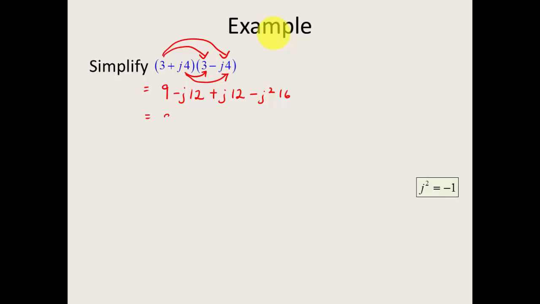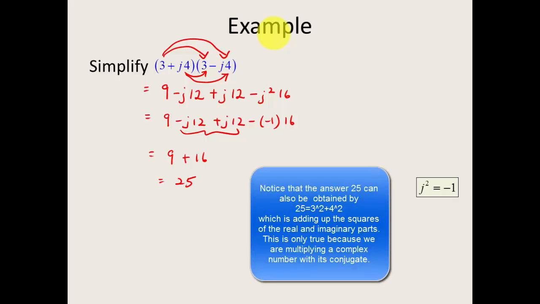So what we have is 9 minus j12 plus j12 minus negative 1 times 16. Now these two basically cancel each other out. So my final answer will be 9 plus 16, which is 25. You see that there's no j. It's a pure real number.